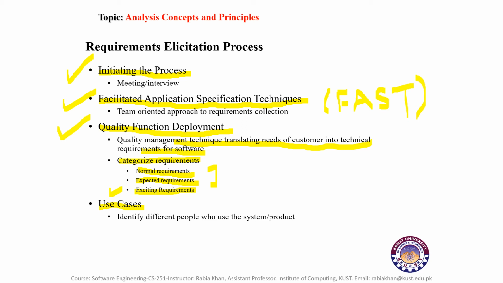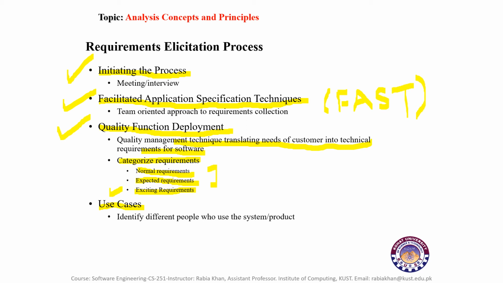The scenarios are often known as use cases that provide a description of how the system will be used and who will use the system. The actors and the functions of the system are defined.